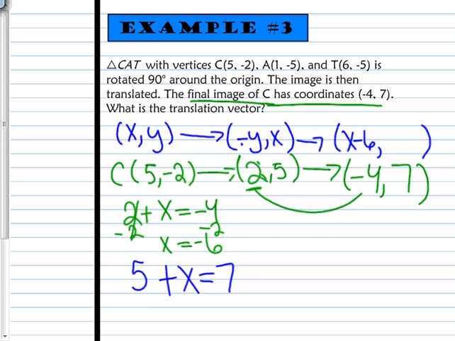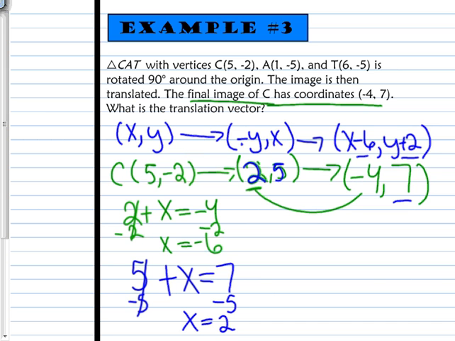Looking at 5 plus y, I want to get y by itself, so subtract 5, y equals 2. So y went up 2. Okay, so think about it. I added 2. 2 minus 6 gives me -4. And then 5 plus 2 gives me 7.